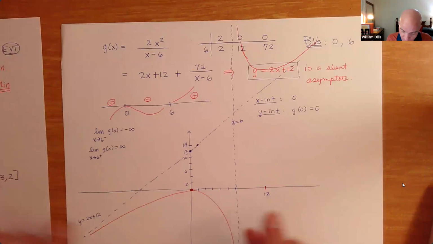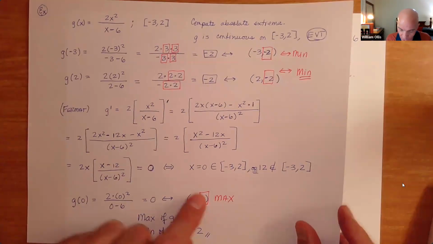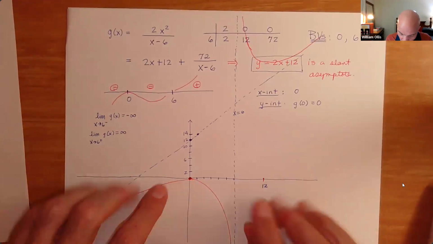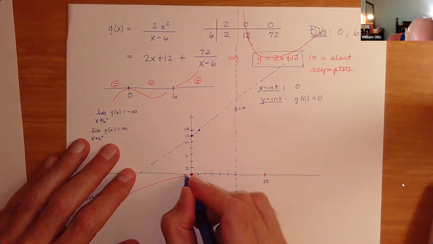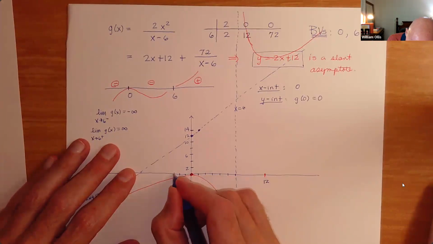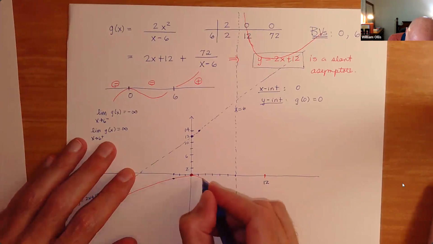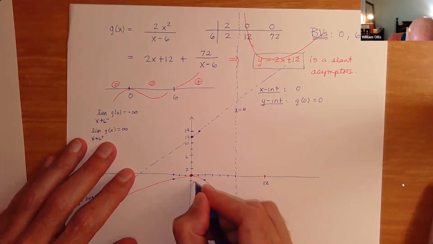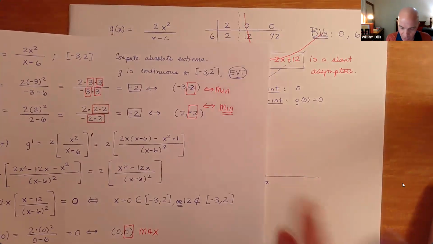Again, scale's kind of bad, but the maximum right here occurs at a critical number right here. So when we're only looking at -3 to 2, let's see, 1, 2, 3, about right there. We've got here the -2 and the -2. So scale's kind of bad, but we get the -2 at the endpoints as we have here.